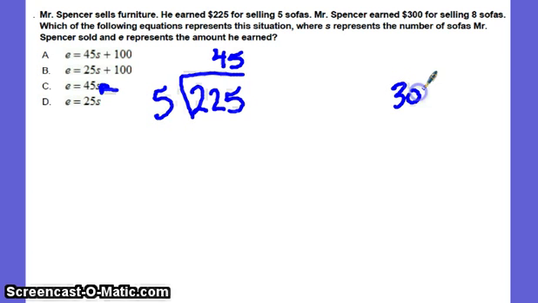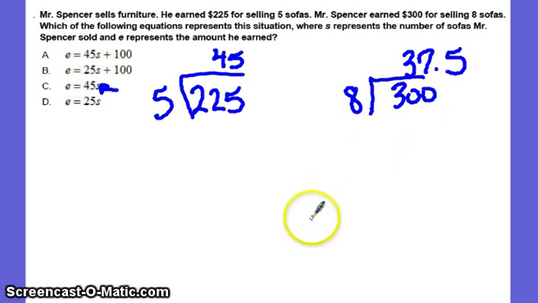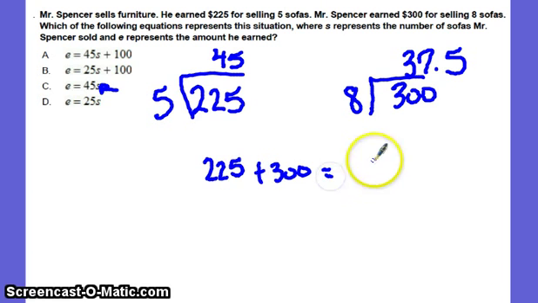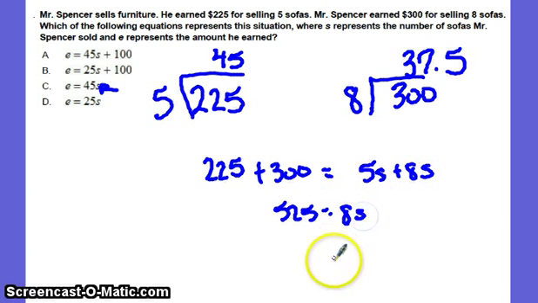However, when you do 300 divided by the 8, I think I got 37.5. So it didn't work out that way, and I tried saying, okay, let's add the 225 plus the 300, and maybe that should be equal to the 5s plus the 8s. So I got 525 equals 13s, which was not an option there.